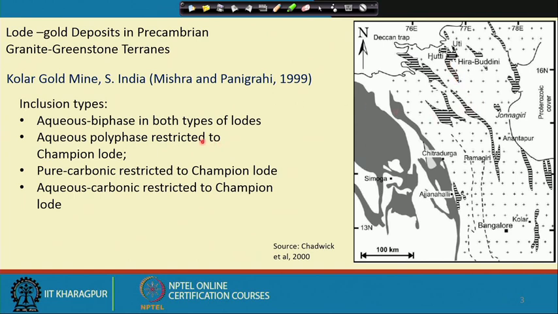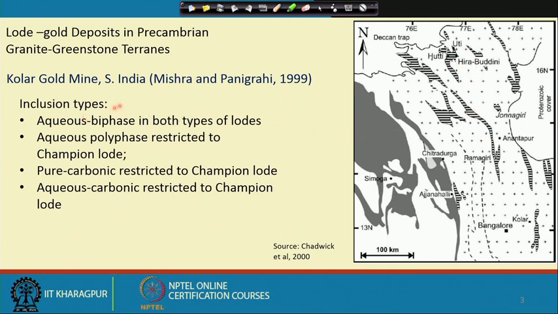The quartz is sampled from these lodes, and one thing we should keep in mind while interpreting or trying to use fluid inclusion data is that it is always necessary to have a very good understanding of the general geological setup, the constitution of the ore in terms of the mineralogy of the ore and gangue minerals, and the deformational phases, the stages in which the ensemble has evolved, because finally that is what is going to be integrated to build up the story of origin and evolution of any particular hydrothermal deposit.